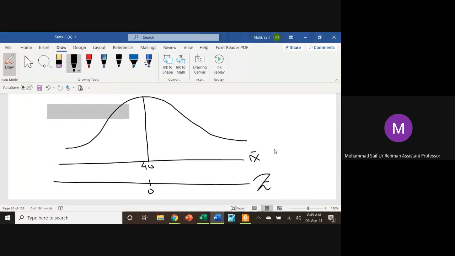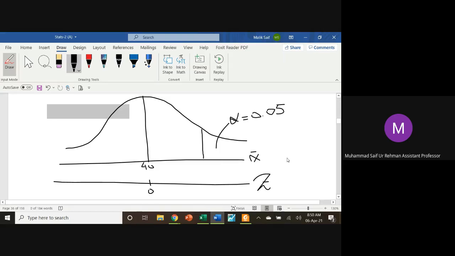Right side is this. You will draw this line over here. This is one tail. And here you will write down the level of significance. The level of significance alpha is equal to 0.05. This is your level of significance.